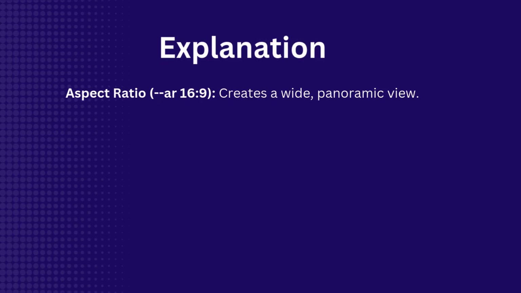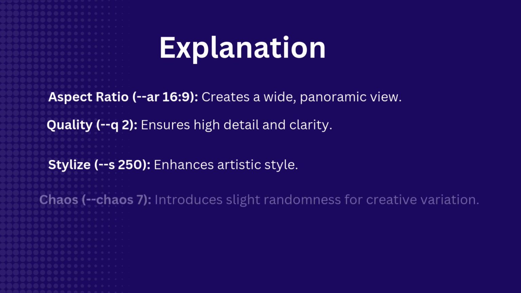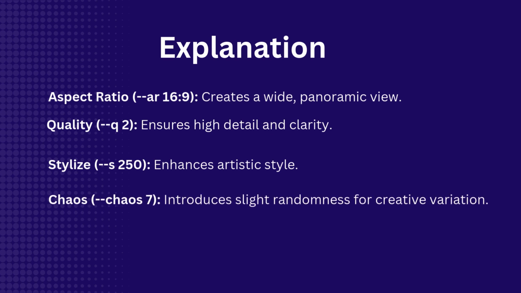Explanation: aspect ratio, --ar 16:9, creates a wide panoramic view. Quality, --q 2, ensures high detail and clarity. Stylize, --stylize 250, enhances artistic style. Chaos, --chaos 7, introduces slight randomness for creative variation.